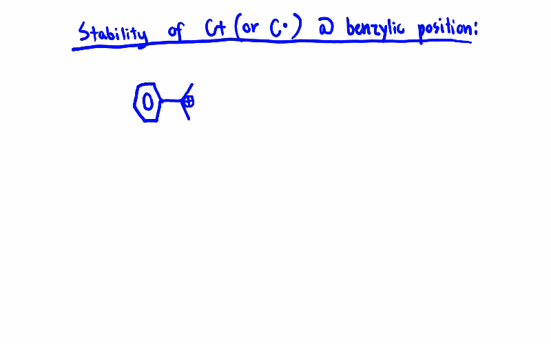That would be a tertiary carbocation at the benzylic position because we have three carbons directly bonded to our carbocation. And let's say we want to compare that to a typical alkyl carbocation that is also tertiary. So if we were trying to compare the stability of these two, we could ask ourselves the question of which is more stable.